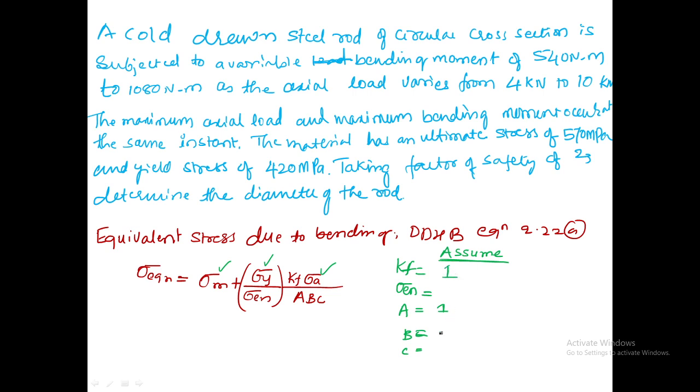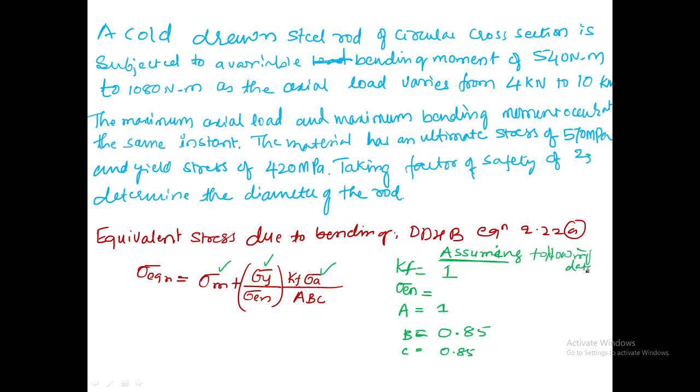We can take the value of surface factor as well as size factor from a range 0.8 to 0.95. So let us go for size factor as 0.85 and surface factor as 0.85. Now, in this case we are assuming the following data.